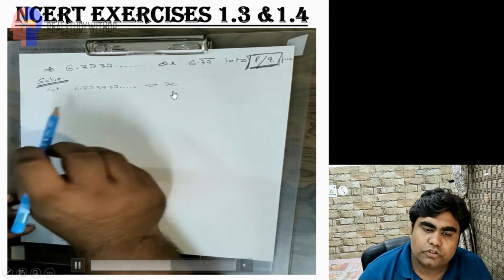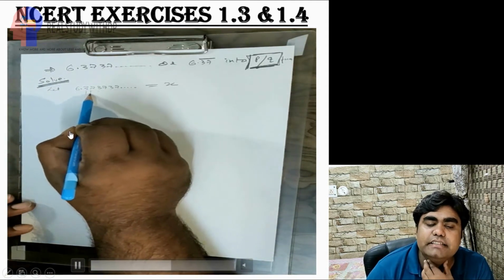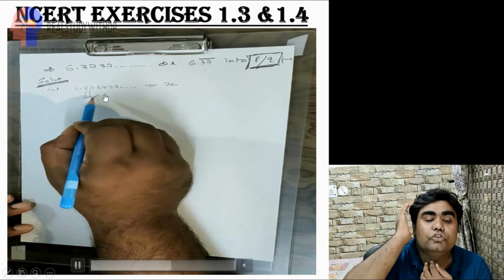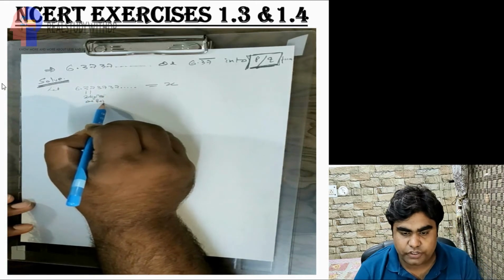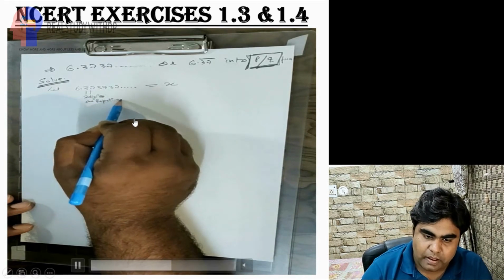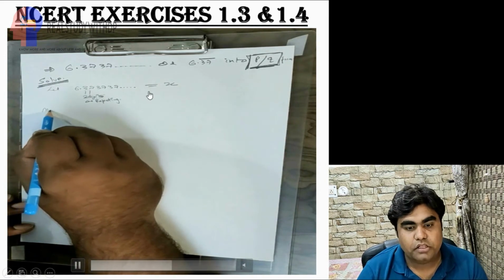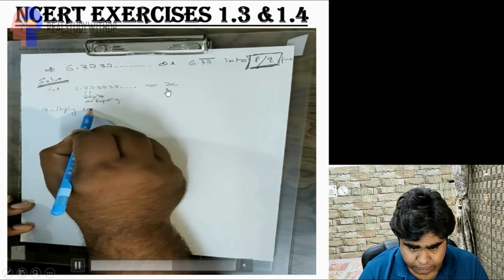Now we have to count how many digits are repeating. Fortunately here are only 2 digits. So we are going to multiply by 100 on both sides of the equation, 100 on the LHS and also 100 on the RHS.